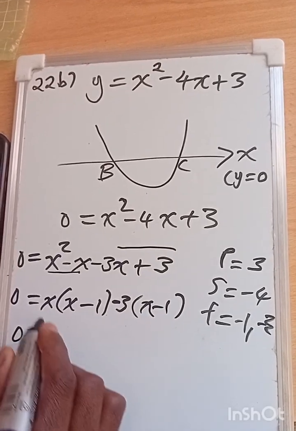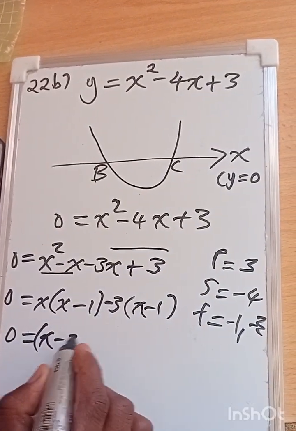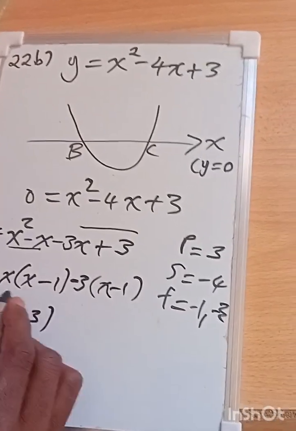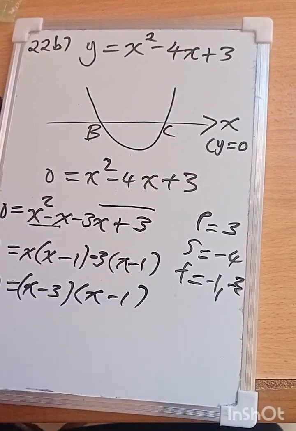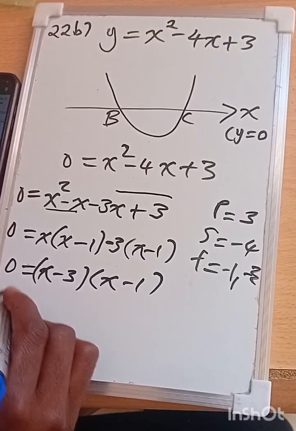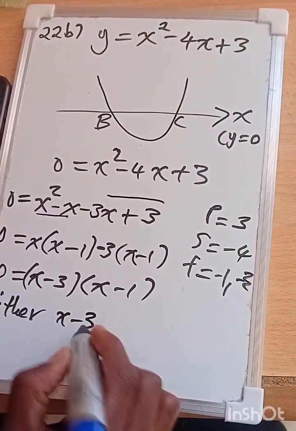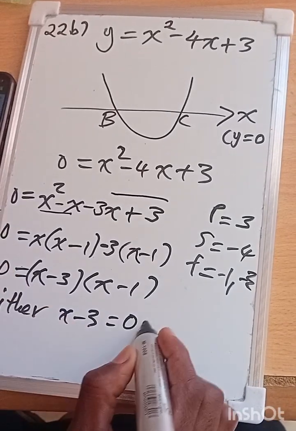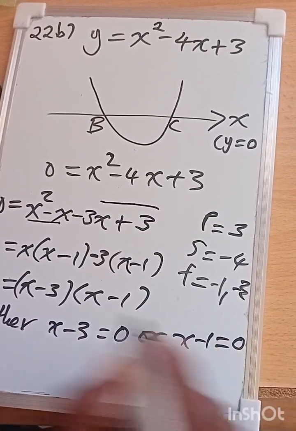Then you say x outside, open brackets, minus 3, close. Since these are the same, just take one of them. When you reach this stage, you say either x minus 3 is equal to 0, or x minus 1 is equal to 0.